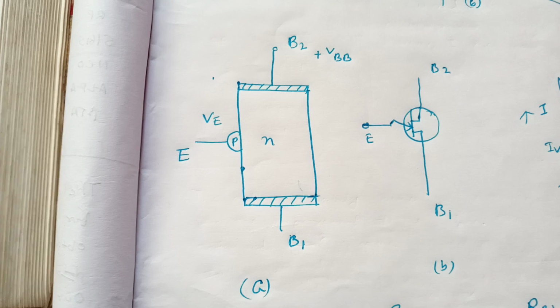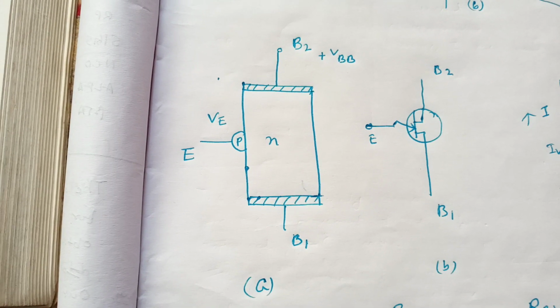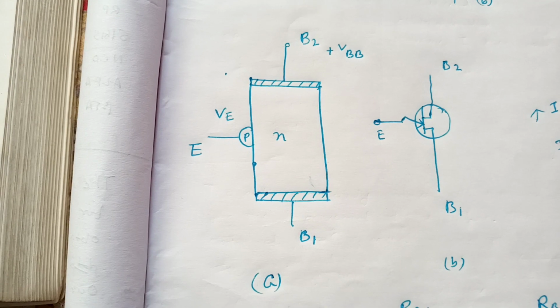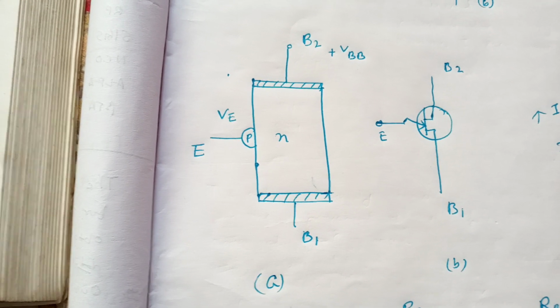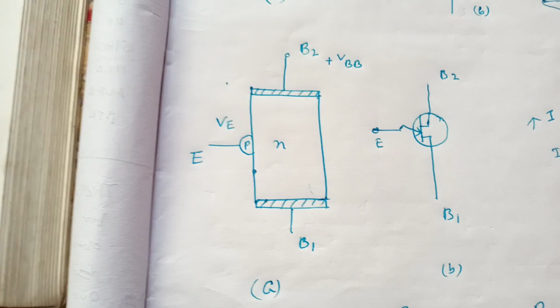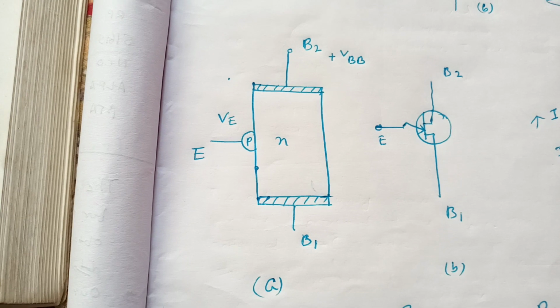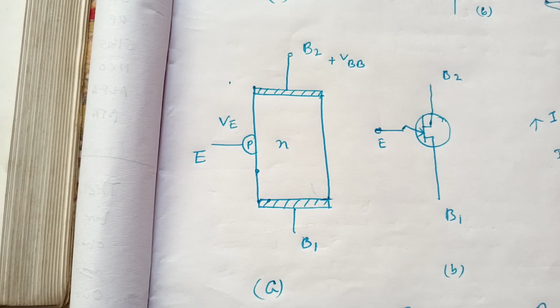Let RBB, RB1 and RB2 be the resistance of the bar between B1 and B2, between P region and B1, and between P region and B2 respectively.